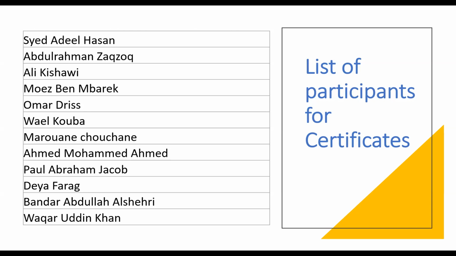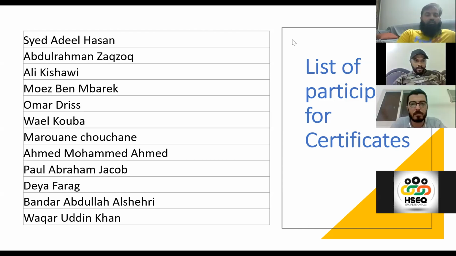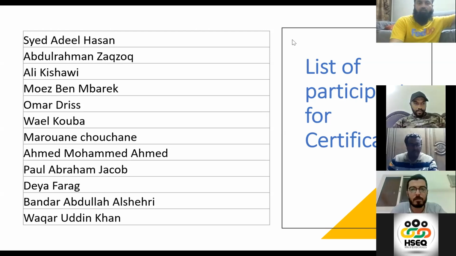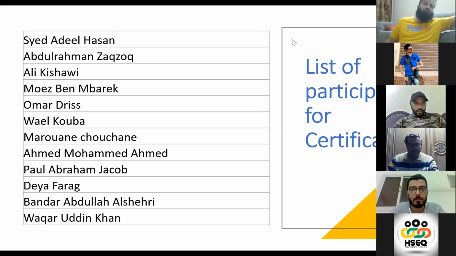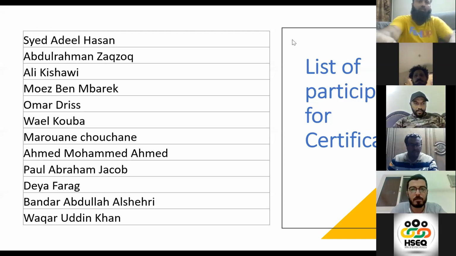And again, I would request you to turn on your camera. Our team would like to take one more picture. Sayyid Adil Hassan is okay. Abdurrahman Zugzuk, what is your spelling? Z-A-G, not Q. Okay. It's better to write in the WhatsApp so I can copy paste directly from there.